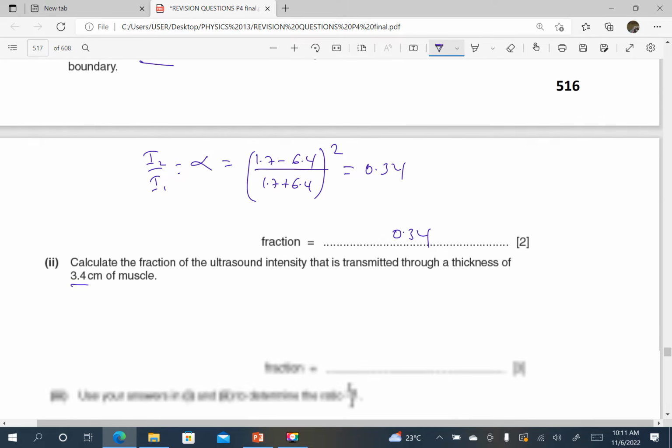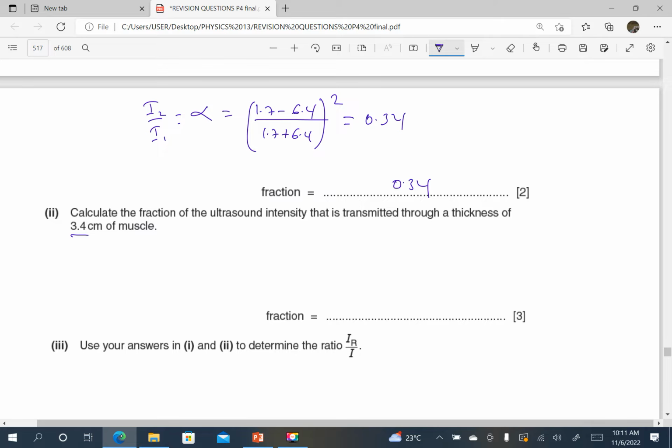Okay, so the intensity transmitted, like we have seen, I1, the one which has been transmitted through the muscle, is equal to I, which is incident, times e power negative mu x, and the fraction I1 over I is going to be e power negative mu x. In the muscle, I think mu was given as 23 per meter. Then I will change x to meters.